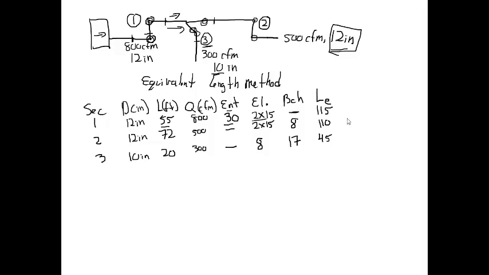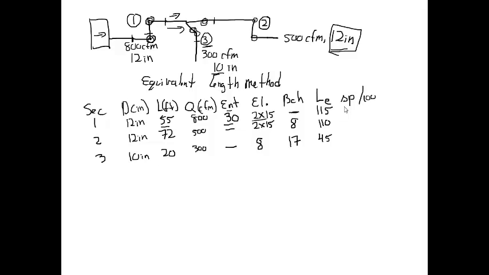So now, what we're going to do is find what our pressure loss is per 100 feet. So let's look at the pressure loss per 100 feet. Let's go to the table. What units are we working with here? We're working with English units.